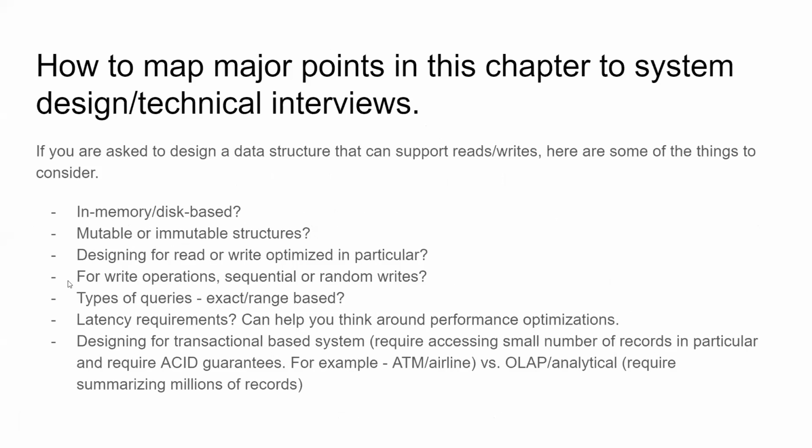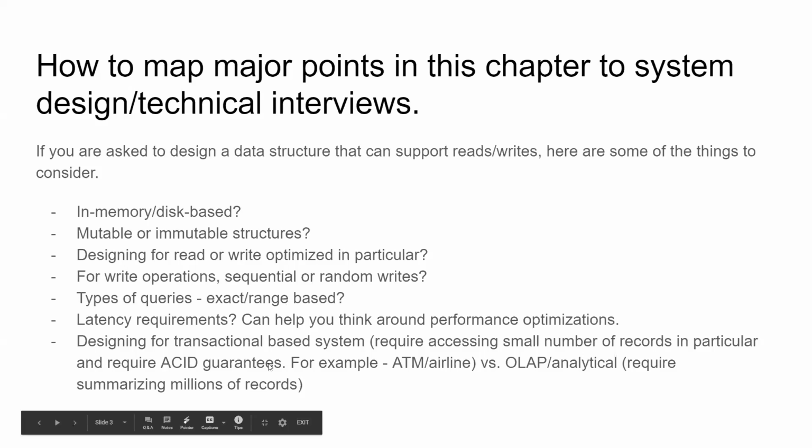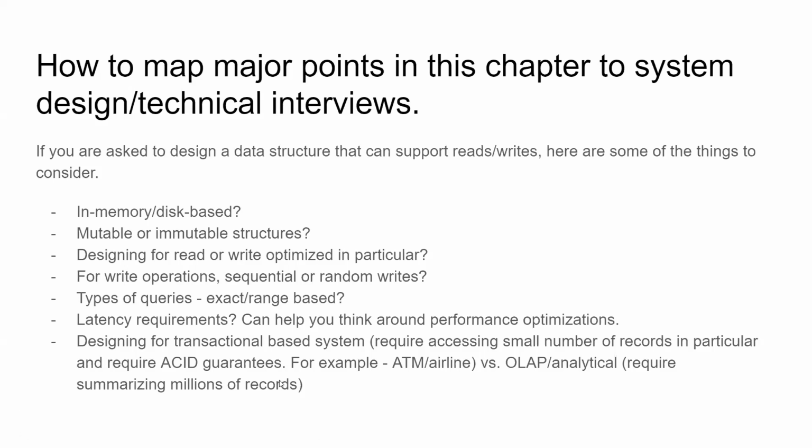Then the question we often run into in system design: you have a database, and is it read heavy or write heavy? That question is also addressed in this chapter. Then what type of queries, exact lookups or range-based. And the last point is about transactional processing versus analytical, which we'll take up shortly.